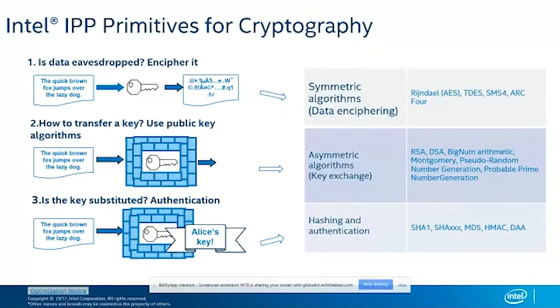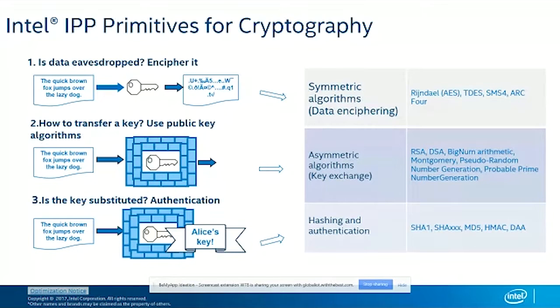For example, the first problem: if I want to encrypt some data, decrypt some data and store some data, IPP provides symmetric algorithms like AES and TDES, and even if you're working with Chinese algorithms, it supports SMS4 encryption and data compression algorithms.